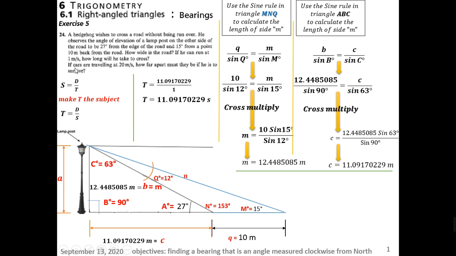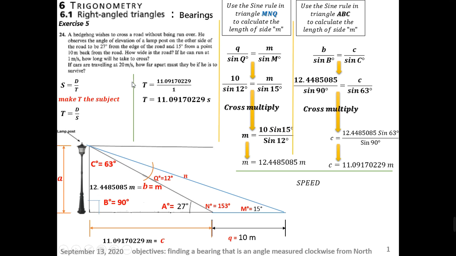Now, the last part of the question: if cars are traveling at 20 meters per second, how far apart must they be if he is to survive? So, let's organize the information that is given to me in the question. They gave me the speed one time here, and then they changed the speed to 20 meters per second.